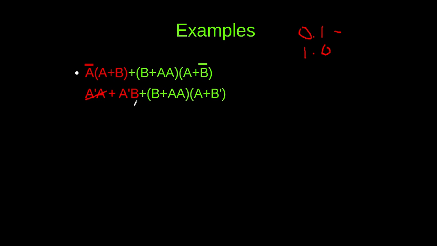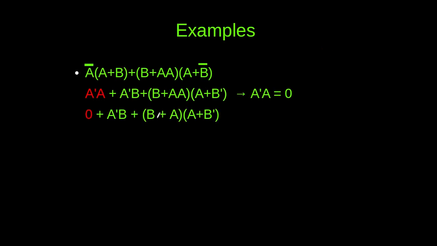So now let's see what we can do also. I can change this to 1A, which equals A, and then I'm going to distribute with this. So I have 0, A, and this. Now I'll get rid of the 0. It's not going to make a difference here, but now I distribute here.